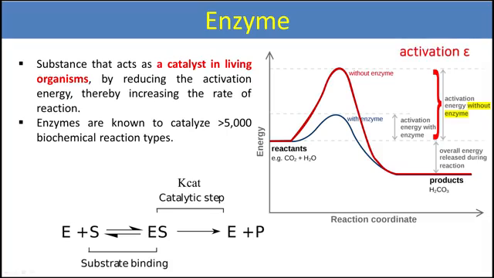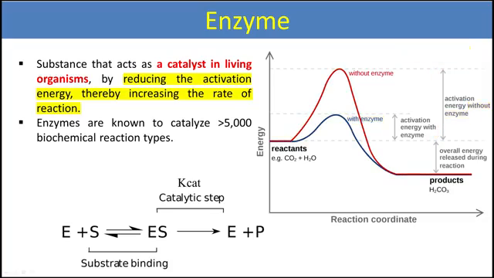Activation energy is that high. Under the support of enzyme, this activation energy can be lowered. By reducing the activation energy, the enzymes can dramatically increase the rate of biochemical reaction.